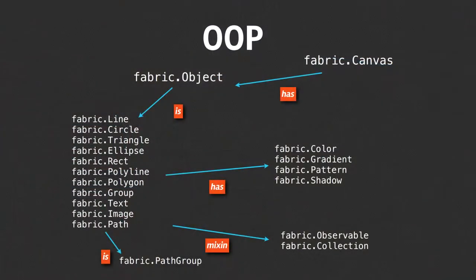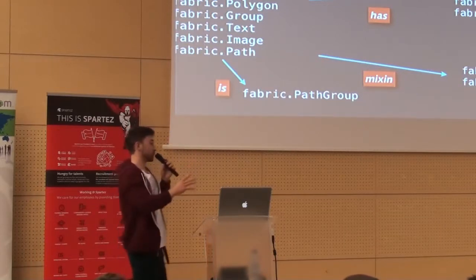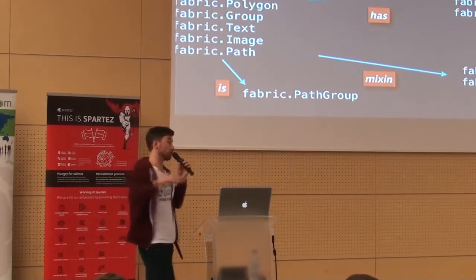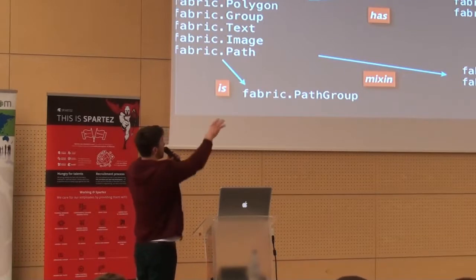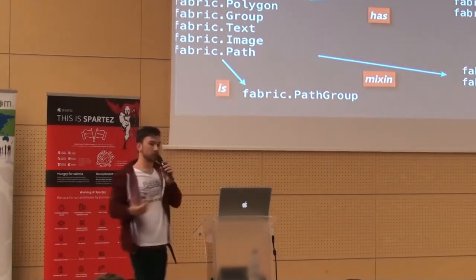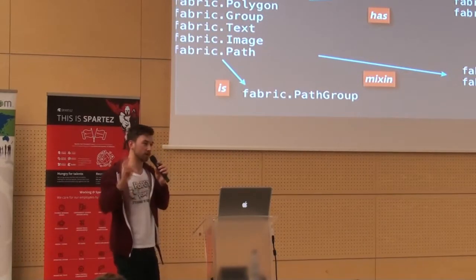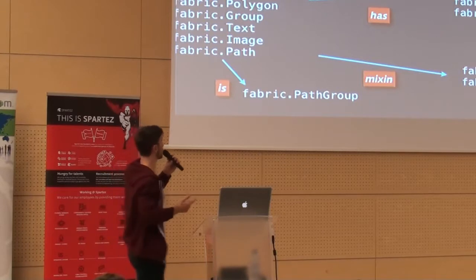Now, if we were to look at the bird's-eye view of how things work in Fabric, we have Fabric Canvas, which is that global canvas area where all objects are drawn. Fabric Canvas can have many Fabric objects, and a Fabric object is basically a two-dimensional shape. It's that parent class, that abstract duck, right, that we saw earlier.